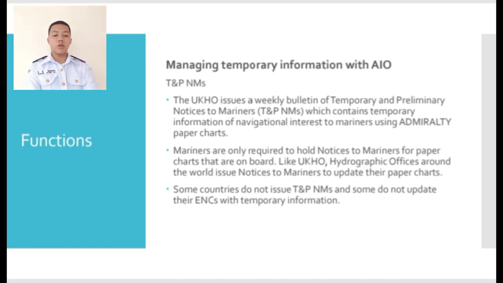The UKHO issues a weekly bulletin of temporary and preliminary notices to mariners, T&P NMs, which contains temporary information of navigational interest to mariners using Admiralty paper charts. Mariners are only required to hold notices to mariners for paper charts that are on board.